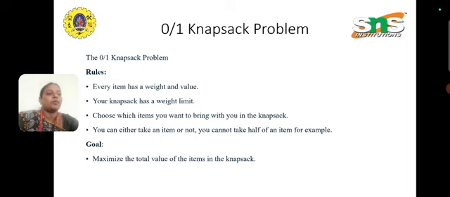For example, if the knapsack capacity is 1000 and we add an object of weight 500, we have to add that object entirely. We can't split that object of 500 into 250 and 250. You can either take an entire item or not.